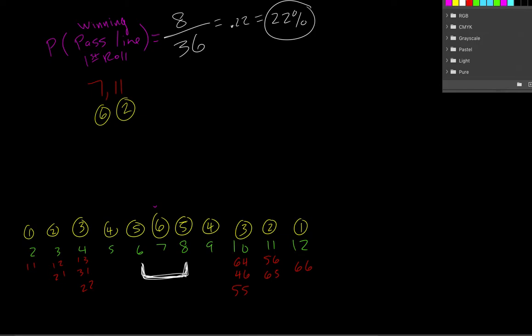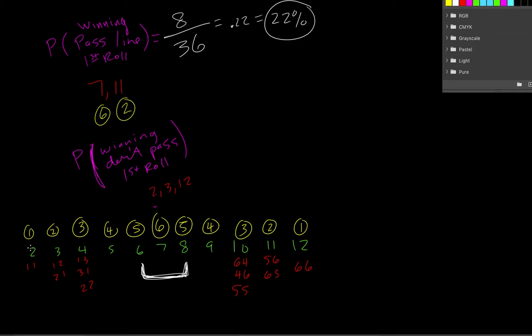Now, what about winning don't pass, first roll? Don't pass means you're betting against the person who's rolling. So to make that happen, you have to roll a 2, a 3, or a 12. Once again, if you don't understand where I'm getting these numbers, make sure you watch the other video that explains the rules of craps first.